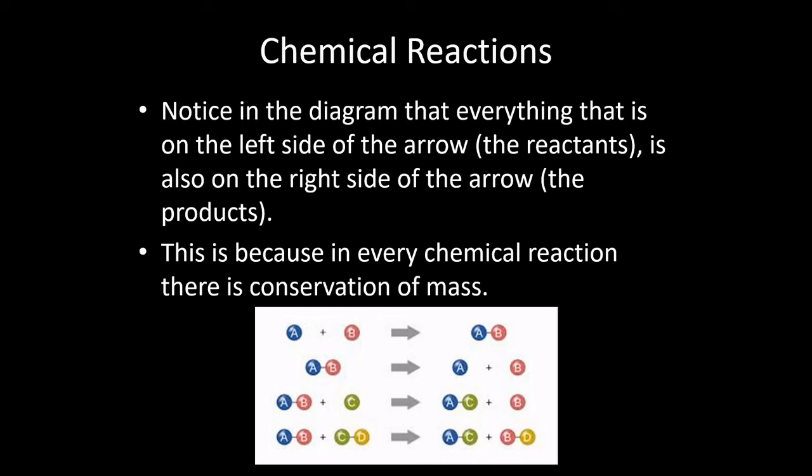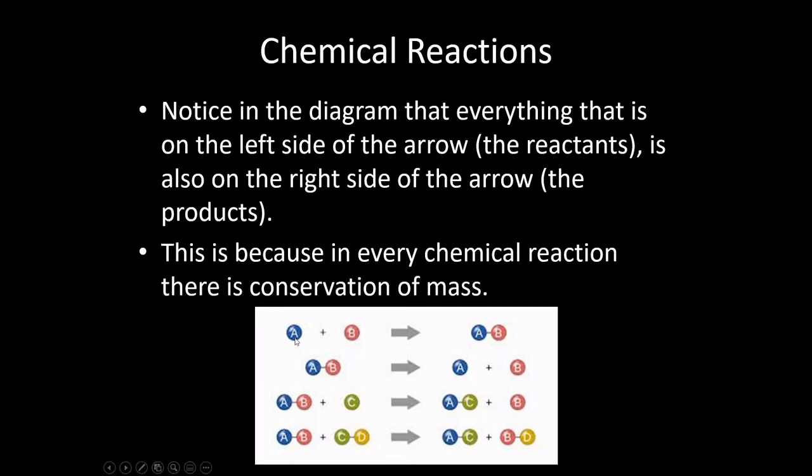You're never going to have more particles or more mass at the end of a chemical reaction than you do at the beginning. This is what we call the law of conservation of mass. You can't create or destroy matter or mass. You can change the way that it's arranged, you can change the way that it is bonded to things, but you can't create or destroy it.